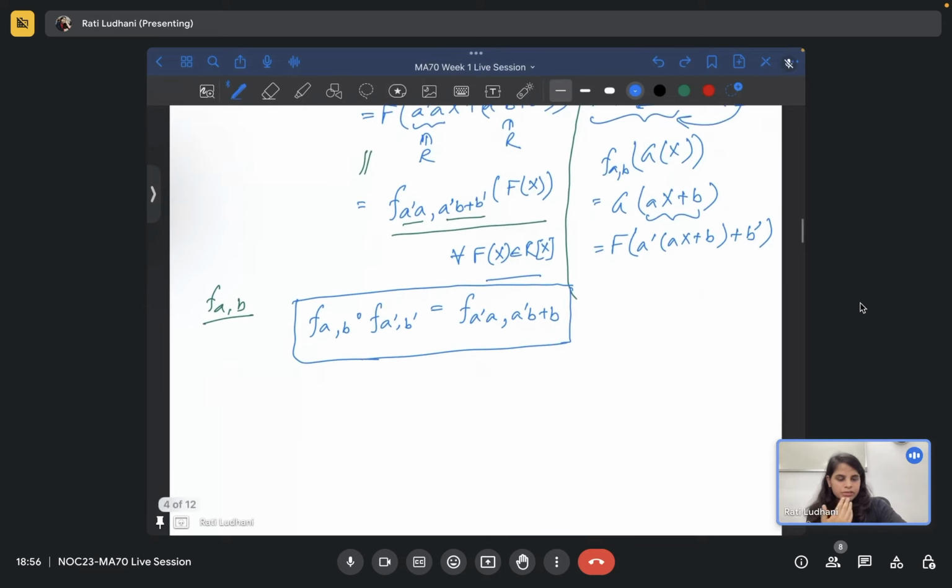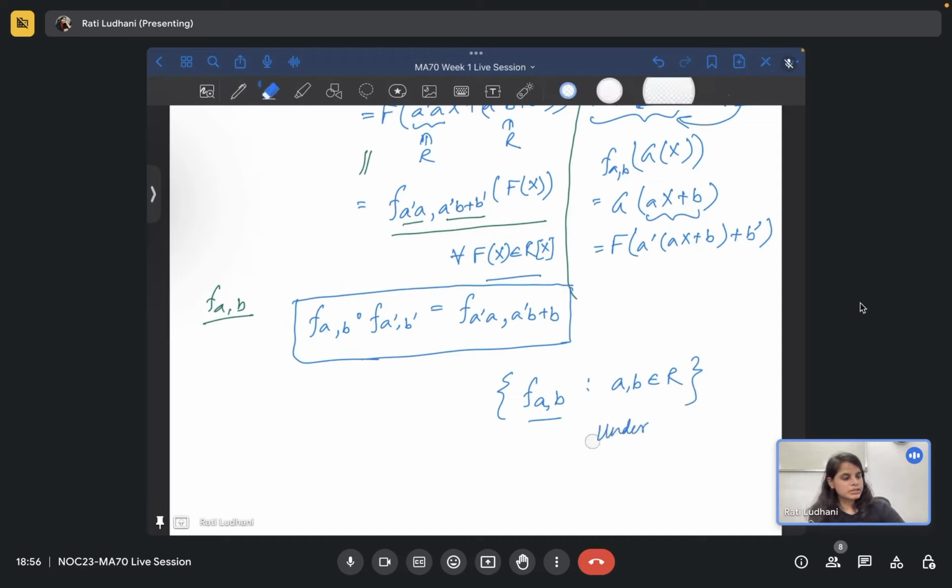This is a usual thing when you get something like this. You can take the set of functions of this kind, f_{a,b}, where a, b belong to R. You can take this collection and say this collection is under composition.